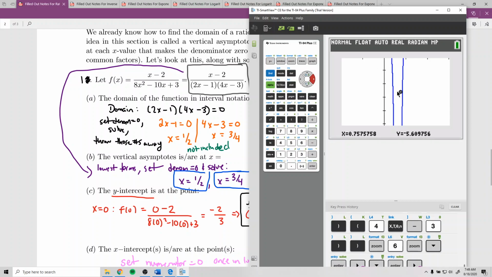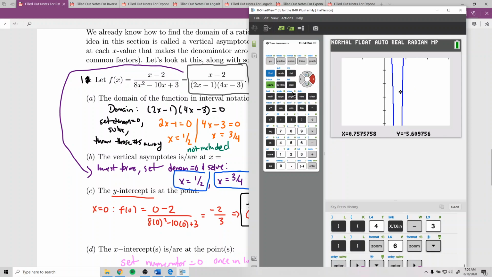But know that, when I scroll over here a little bit, the x value is now bigger than 3/4. Since it's bigger than 3/4, there's actually that second one going on here. What's happening in between is it's so steep that you can't actually see it on the calculator. So this is kind of another one of those things where the calculator can help you, but it might miss out on some stuff.